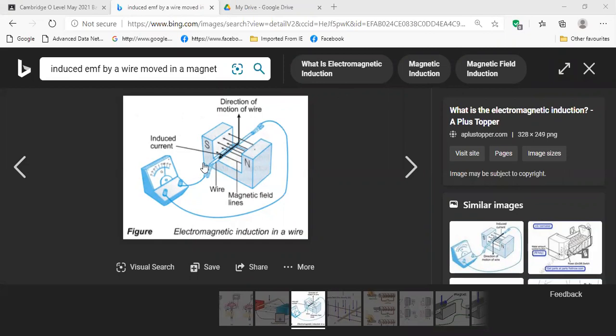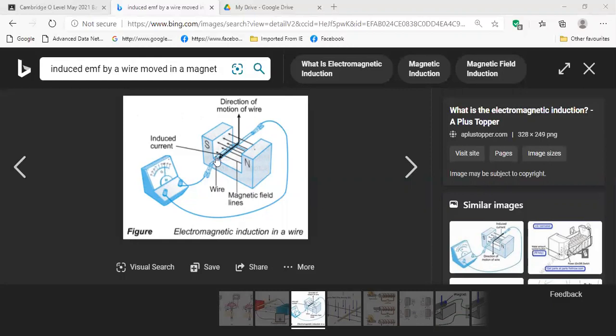So, if someone is holding this wire and not moving, then you see the needle will be at 0. But if the wire is moved upwards, then the observer sees that the needle moves or deflects, right? It gives some reading.